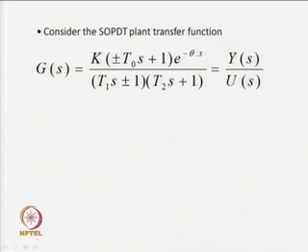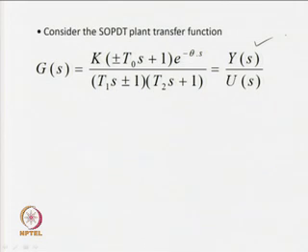Now, when this transfer function is written in this form, further analysis can yield the representation of the transfer function in different time domain forms. We can have at least three types of representation of the transfer function model in time domain, known as controllable canonical form, observable canonical form and diagonal form.